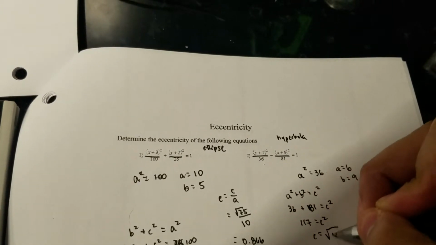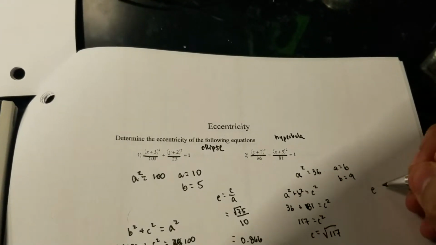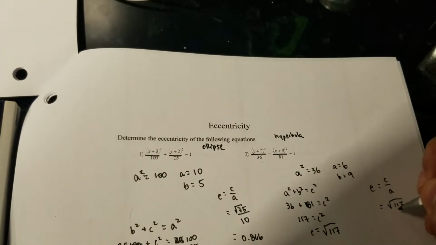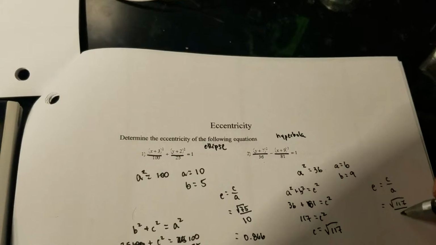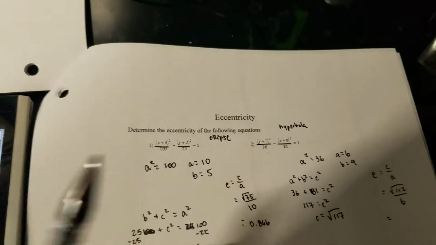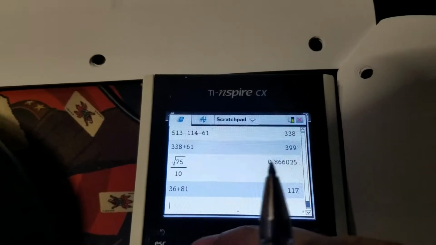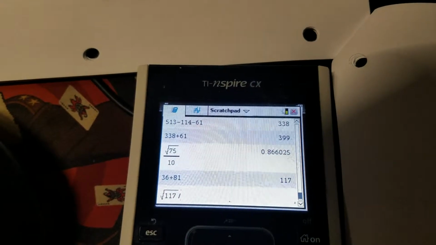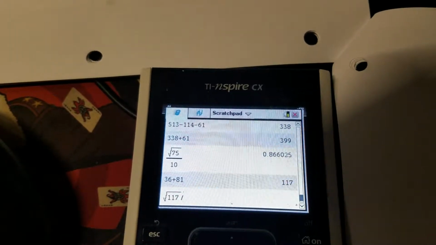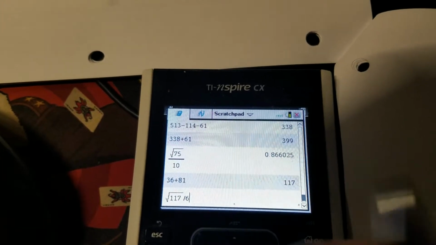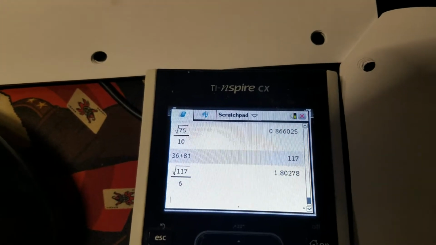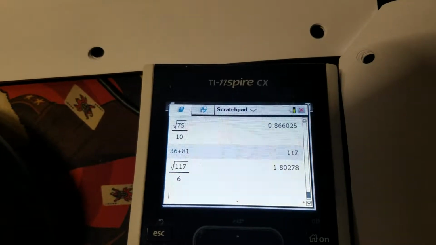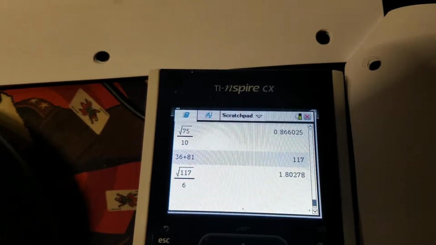C is equal to the square root of 117. So the eccentricity, C divided by A, is equal to the square root of 117 divided by A, which is 6. So that equals, if I were to do that in the calculator, 1.8, which makes sense because it should be greater than 1 for a hyperbola.